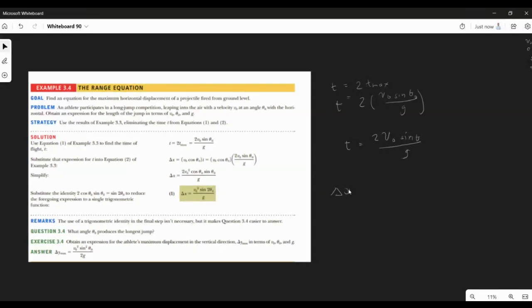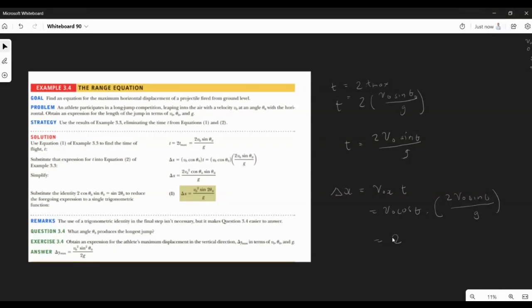So we know that delta x max is equal to V0x times time, and V0x is equal to V0 cos of whatever angle. We just substitute the time in there, 2 times V0 sine theta divided by G.